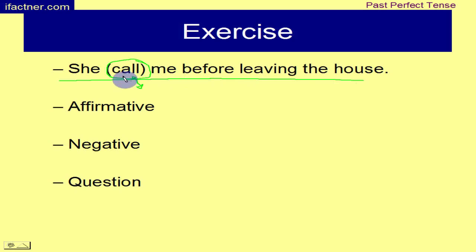So please change it into past perfect tense. What will you write? Yes, she had called me before leaving the house. Very good. And here call is a regular verb, so its third form is called.